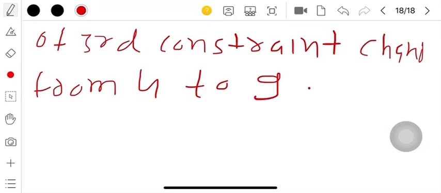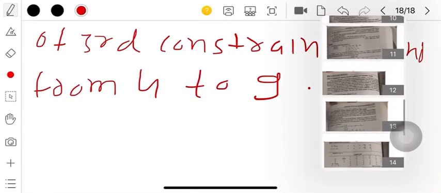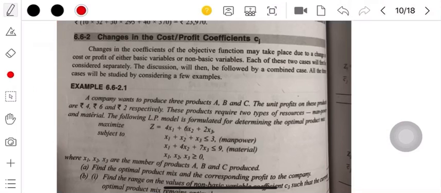This is simply the case where the right hand side of the constraint changes. Okay, so after this I am just going to discuss the next case today. In this lecture I am going to discuss the change in the cost or profit coefficient Cj.